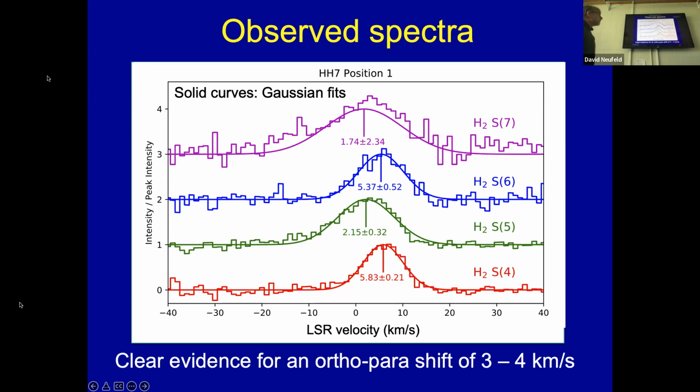So there's a velocity offset between ortho and para H2, and the shift is 3 to 4 kilometers per second. These are just Gaussian fits to the spectra we got, and the numbers are the peak centroid frequency expressed as a Doppler shift.